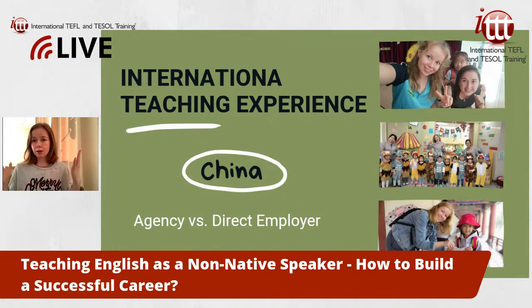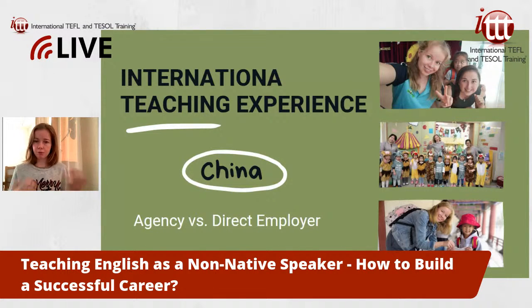My work there started from an agency, and then I transferred to direct employment. What I mean by saying that I worked through an agency: when I just found my first job in China, I didn't know how to navigate there.